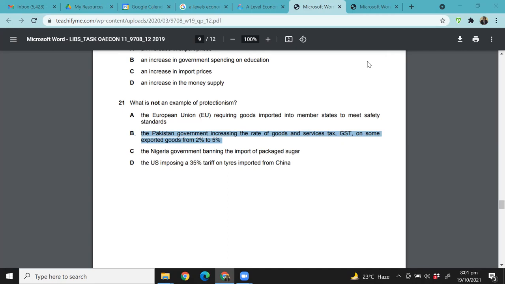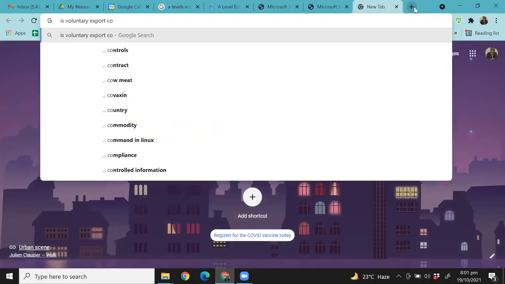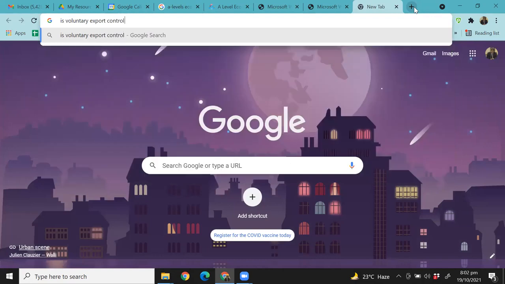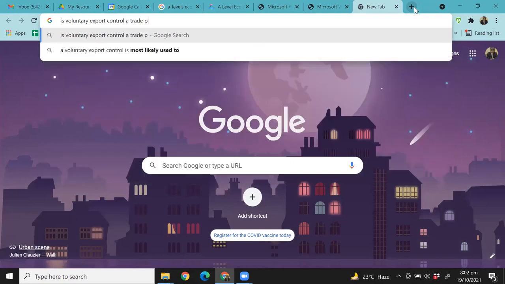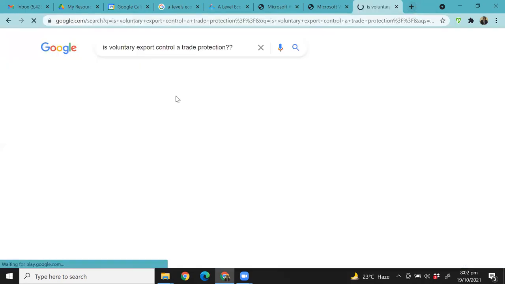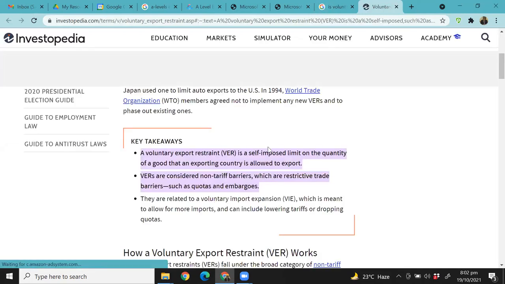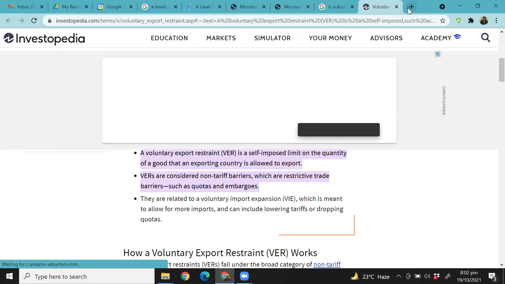So perhaps that would be defined as voluntary export control. But even voluntary... non-tariff barriers are considered restrictive trade barriers such as quotas. According to this, it is a trade barrier. Or let's put it another way.